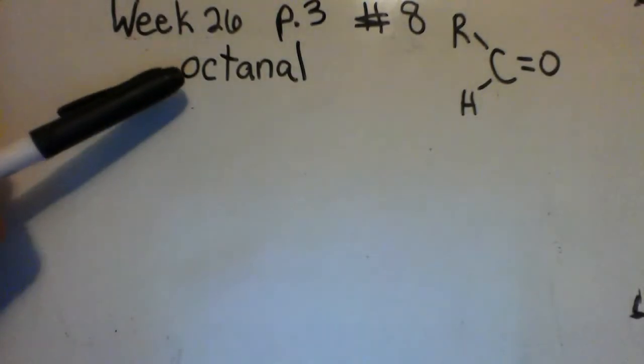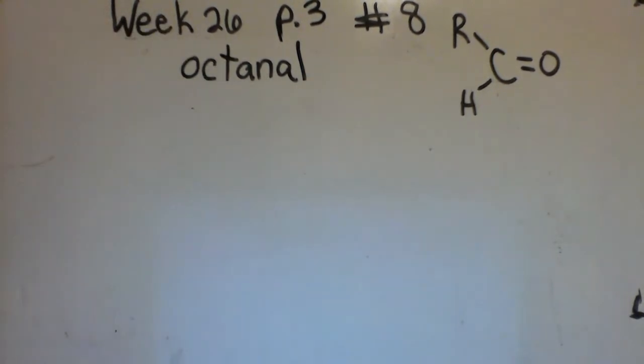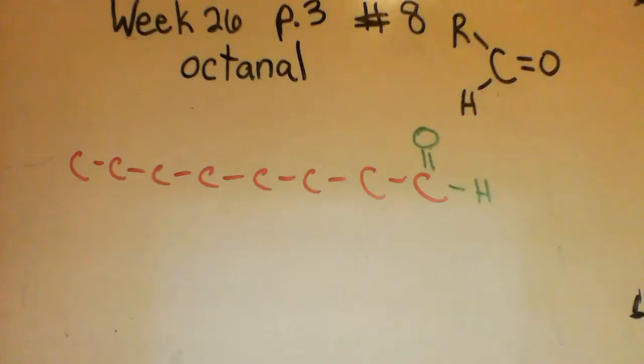Now, if it has the octane root word, then we know that there are 8 carbons. We know that at one end is the carbonyl group. The rest of the molecule is going to be just a molecule of octane with all single bonds bonded to hydrogens.